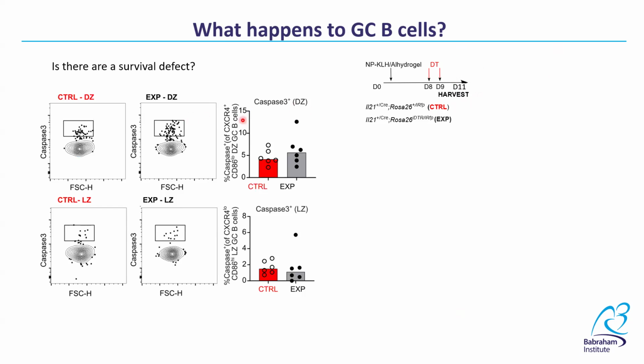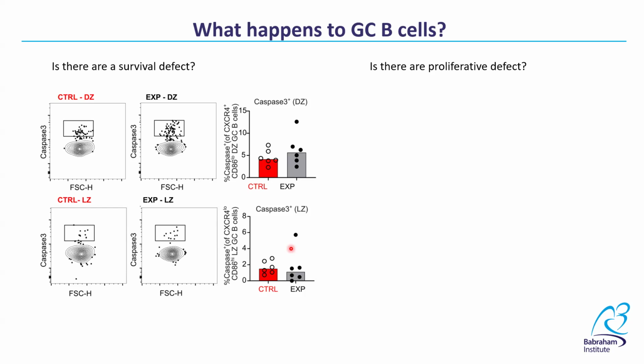And we looked at caspase-3 expression, as a marker of apoptosis, in both the dark zone and the light zone germinal center B cells. And there was no significant increase in caspase expression in either the dark zone or the light zone cells. And we've done this at various different time points, and we don't see any significant effect.